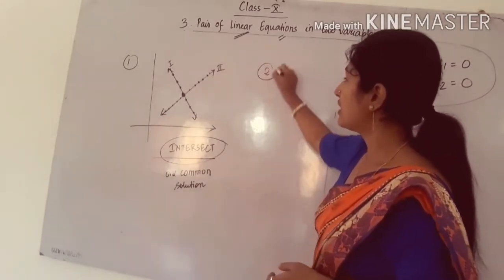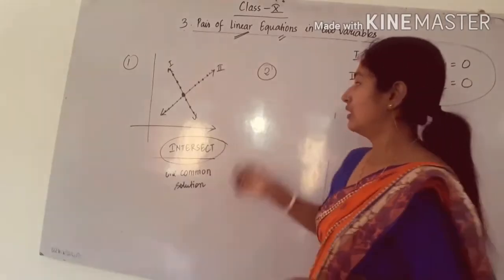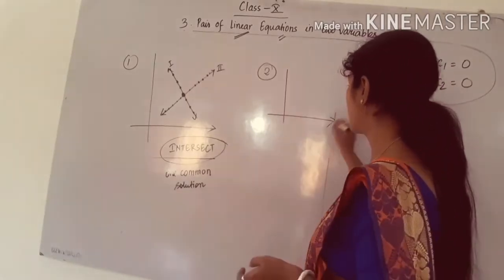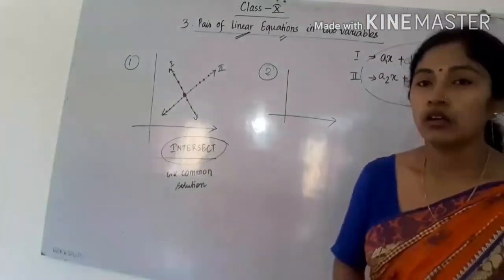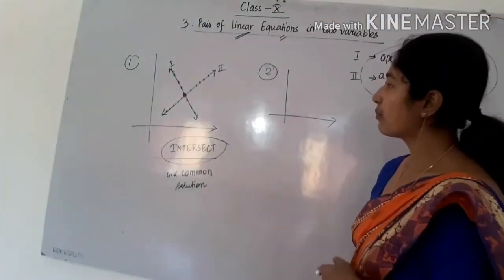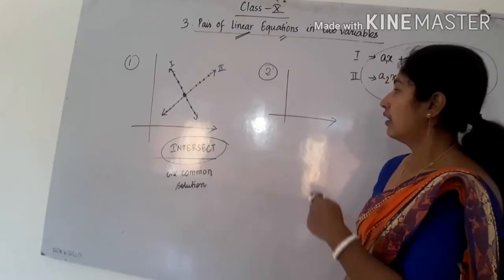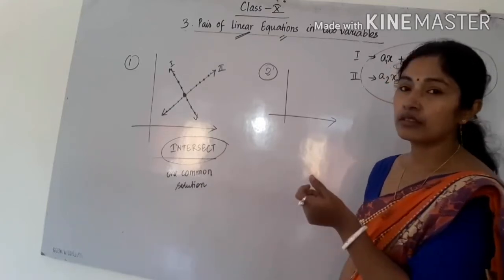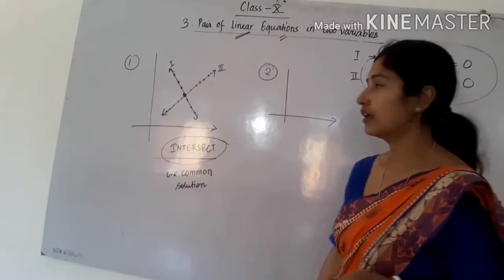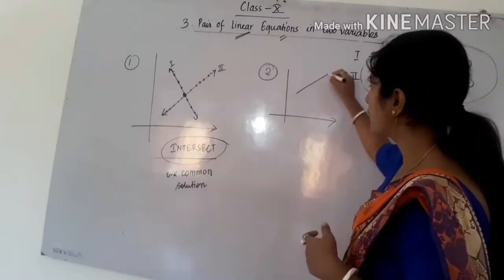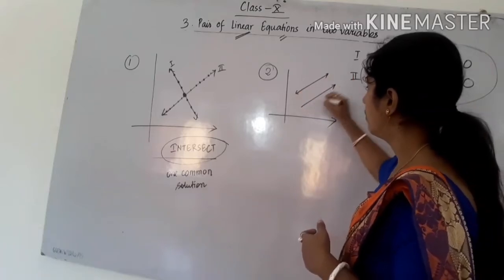Number 2, what second thing can happen? Lines may not intersect. Suppose two lines never intersect. What happens if two lines never intersect? That means the two lines will be parallel.